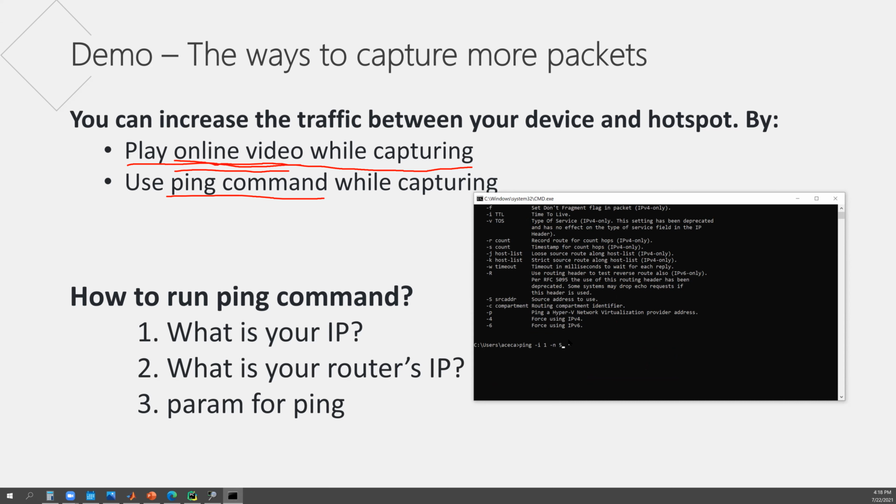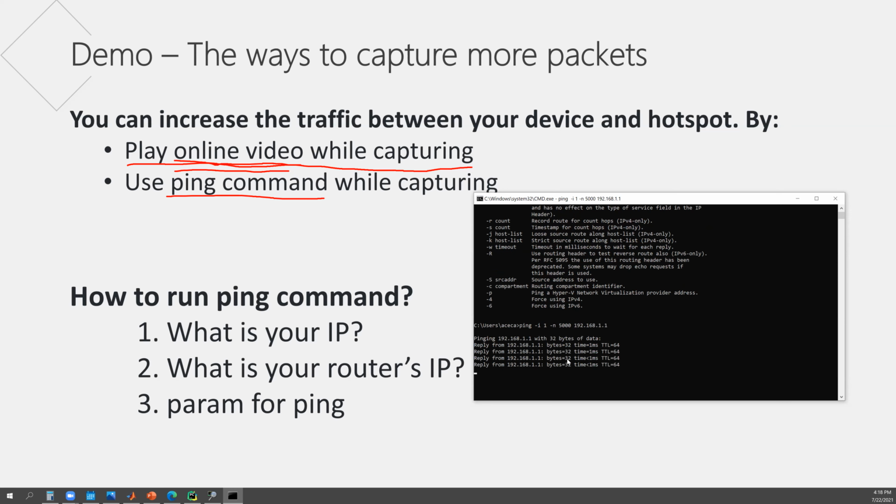I can set it as a very large number, such as 5,000. And the last one is the IP address we want to ping. Here, my router's IP address is this one, 192.168.1.1. And I will start to send the packets to the router.